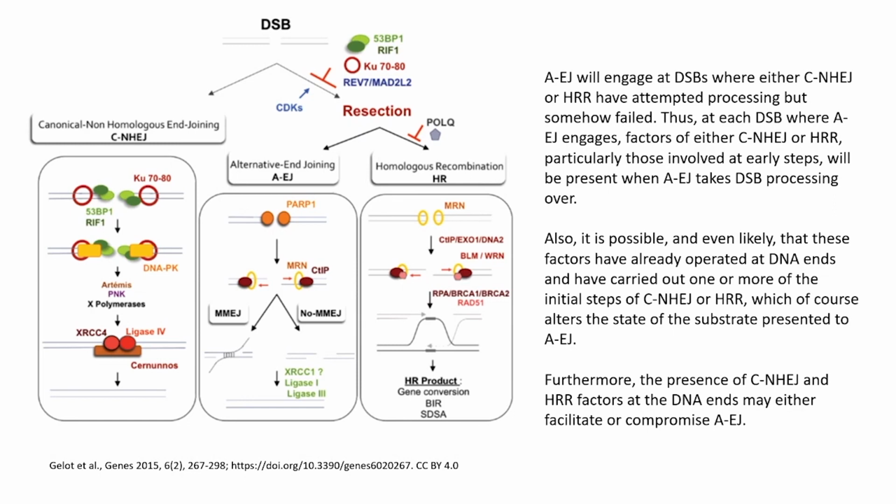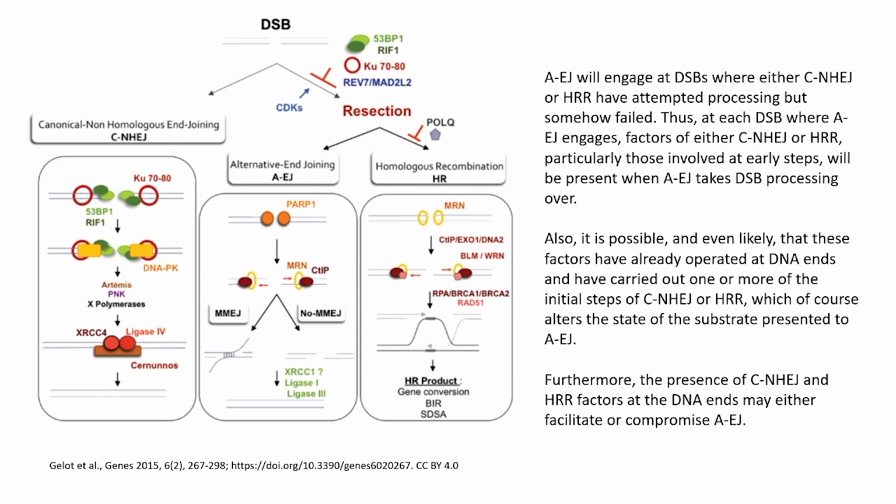Thus, at each DSB where AEJ engages, factors of either CNHEJ or HRR, particularly those involved in early steps, will be present when this alternative NHEJ takes DSB processing over.